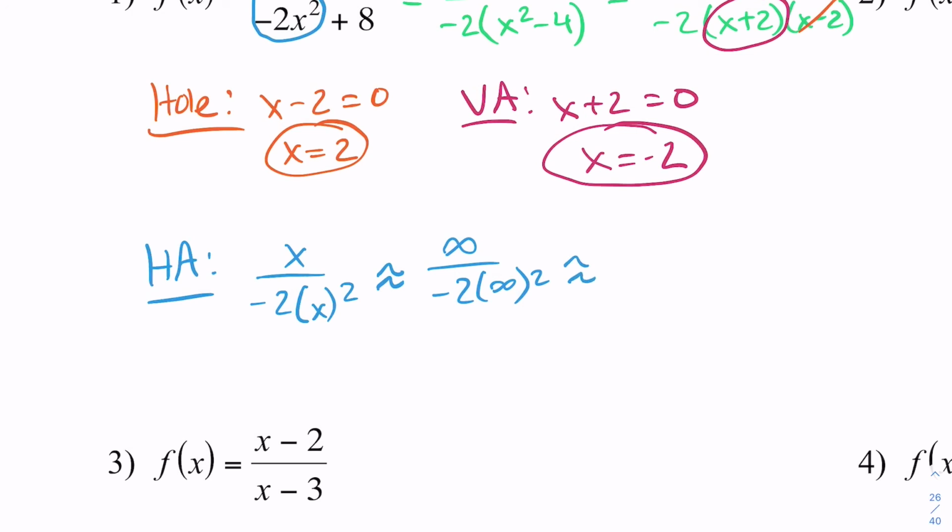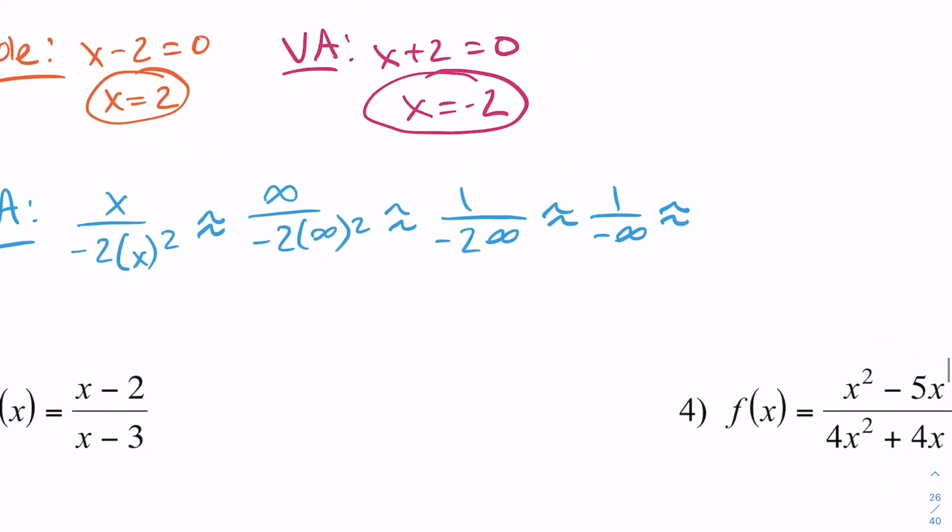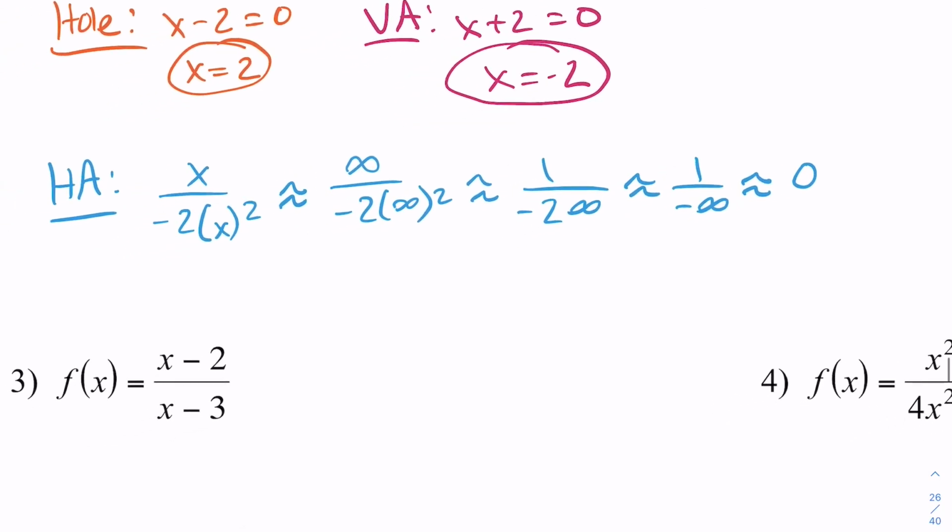I'm just trying to figure out what it could possibly be. So 1 over negative 2 infinity. What's 1 over infinity? It's like saying 1 over a billion. It's about 0, right? So that's going to be about 0.